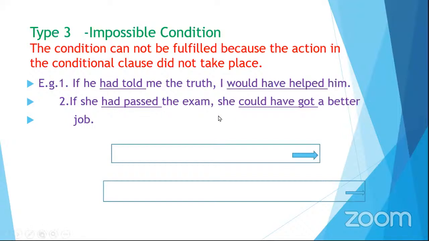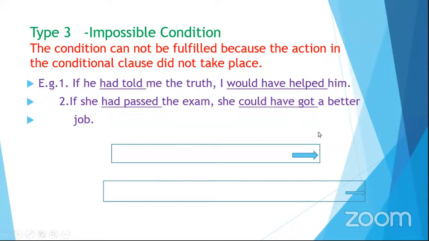Did she get a good job? No. So you didn't fulfill the condition there. The condition was not fulfilled. Therefore, the result is not coming your way. If she had passed the exam, she could have got the better job.